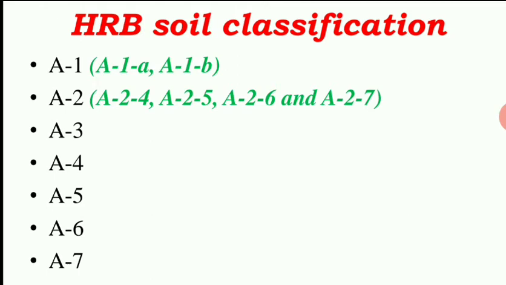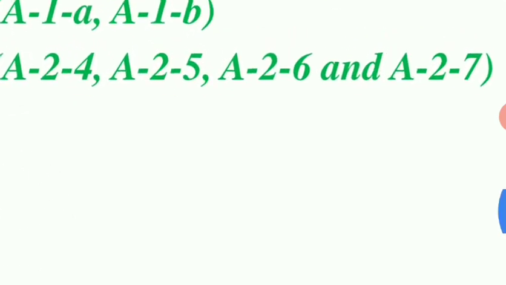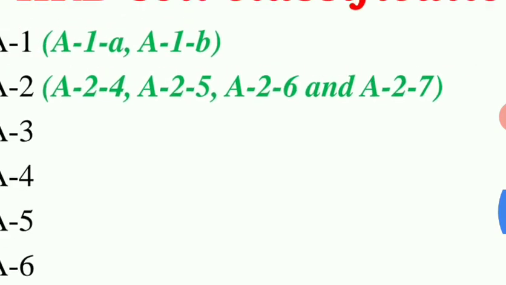Based upon the size they have classified these A2 groups, and based upon the fines content, the soils of these A2 groups are again subdivided into different groups, that is, you can see in the green highlight there, A24, A25, A26 and A27.